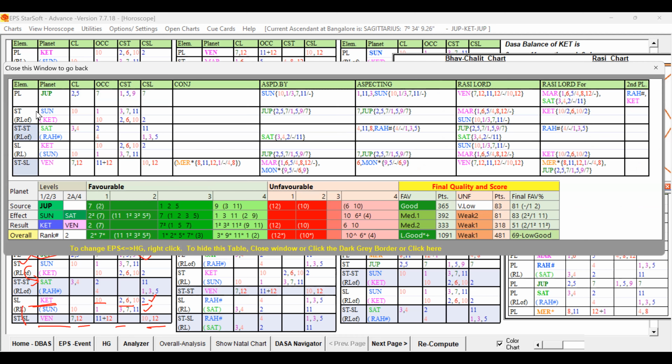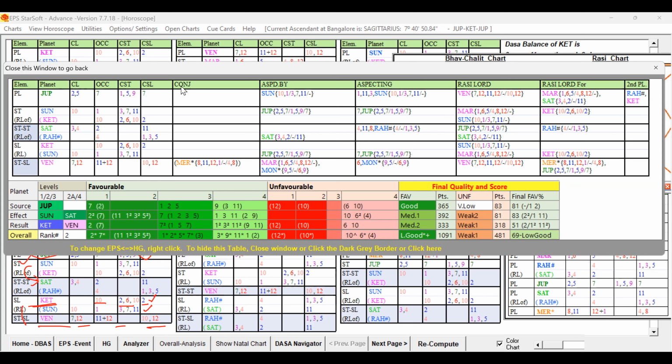One more thing you have to keep in mind: that star lord Sun has the Jupiter planet, the source planet, in its supports. Star lord Sun is aspected by Jupiter, and it also has Sun as the Rasi lord. The Rasi lord Sun is in its own Rasi and aspected by Jupiter, the source planet.